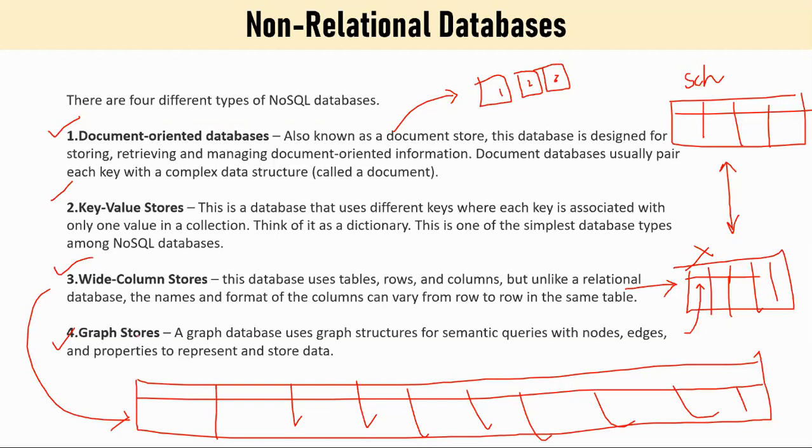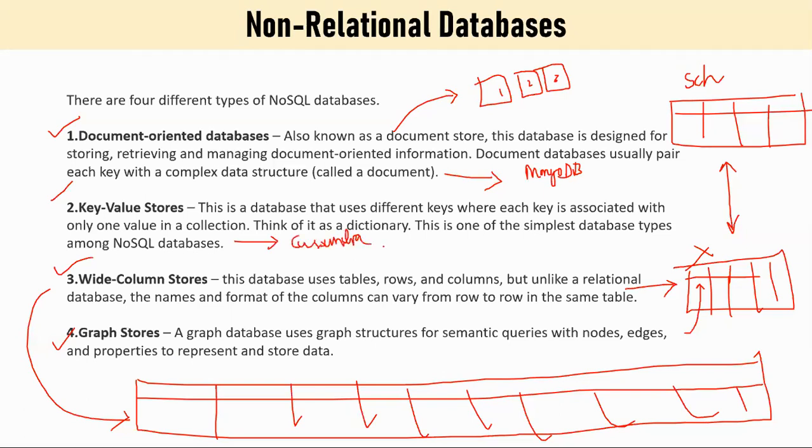One is document-oriented databases. The very famous database example for this one is MongoDB. MongoDB is one of the famous database management systems for document-oriented databases. And for key value, Cassandra is a very famous database.